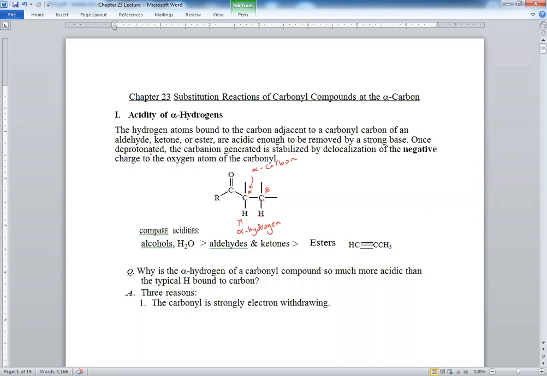It says once deprotonated, the carbanion generated is stabilized by delocalization of the negative charge to the oxygen atom of the carbonyl. If we look at the pKa of the alpha hydrogen, the pKa is around 20.